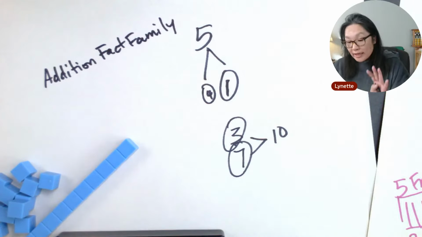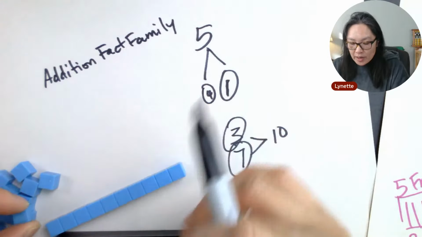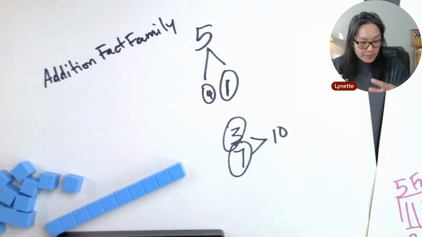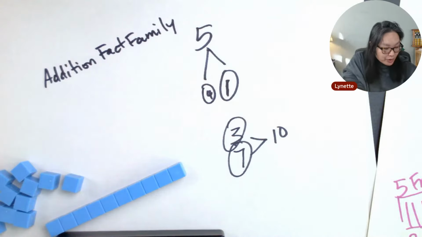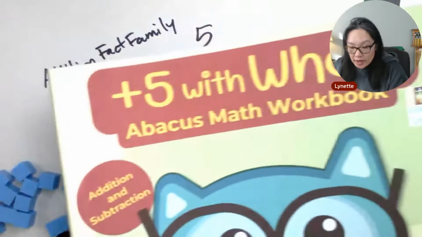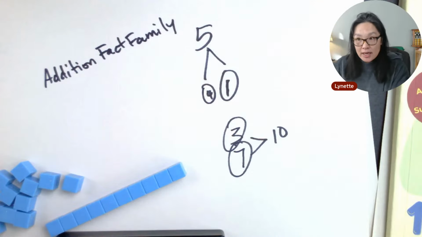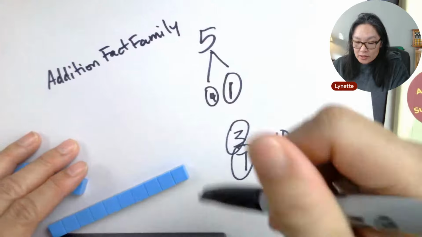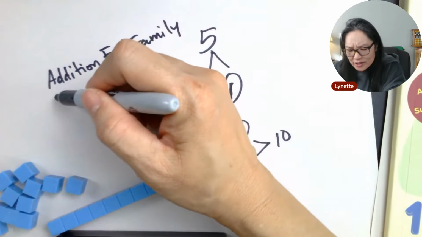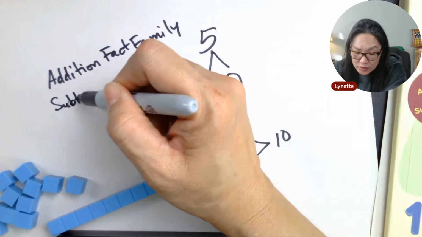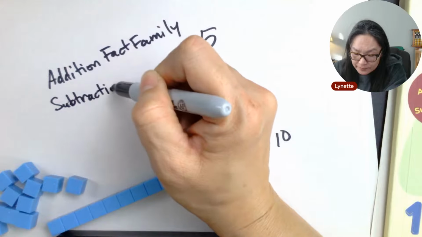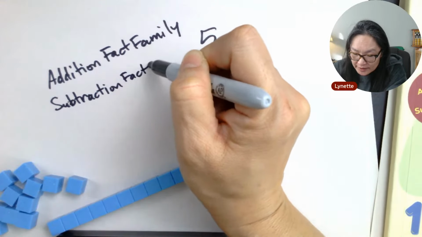I was really surprised. But going down this journey of building my books and trying to make it more mainstream, learning the fact family of fives and the fact family of tens goes to the next level. And I don't know if there's such a thing as a subtraction fact family. I would assume subtraction fact family.